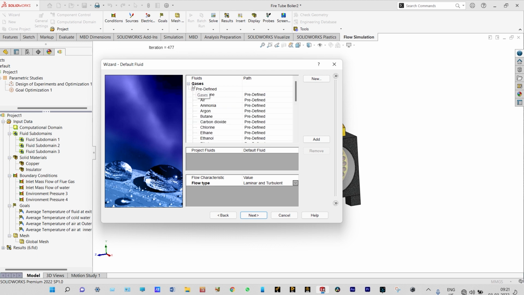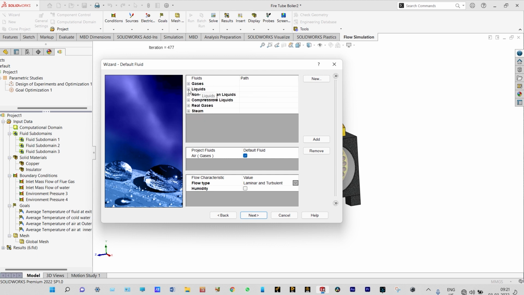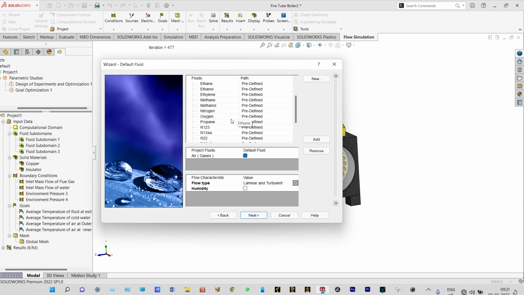It will be flue gases, consisting of carbon dioxide, carbon monoxide, and different components. In this case, for simplicity in our analysis, we'll consider this as air at a higher temperature. We also need to select a fluid, and the fluid will be water at normal temperature, right? We'll select water and air as the main fluids.